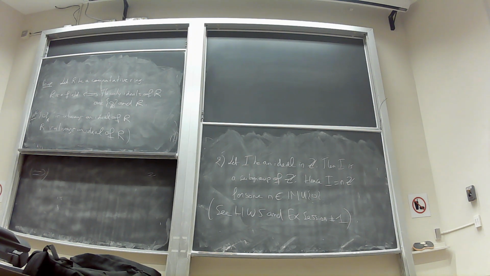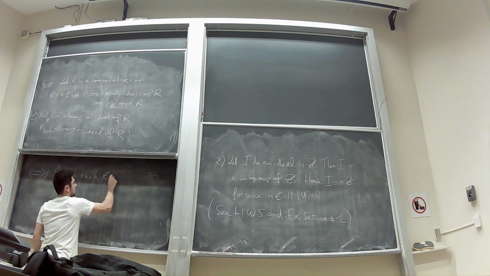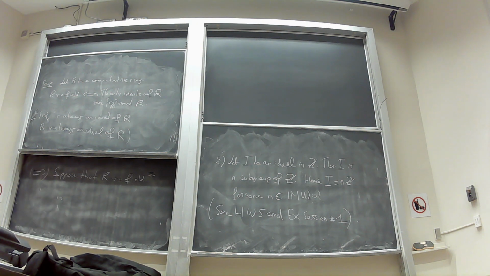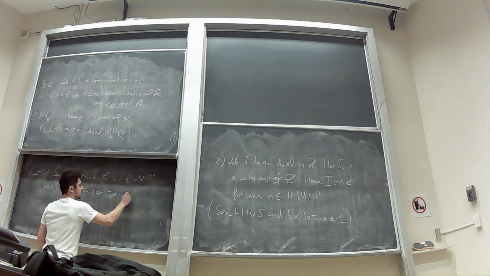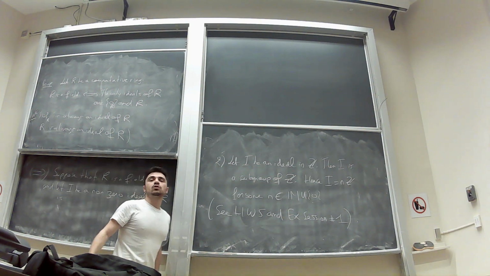So suppose R is a field, and let I be a non-zero ideal of R. What do I want to show here?